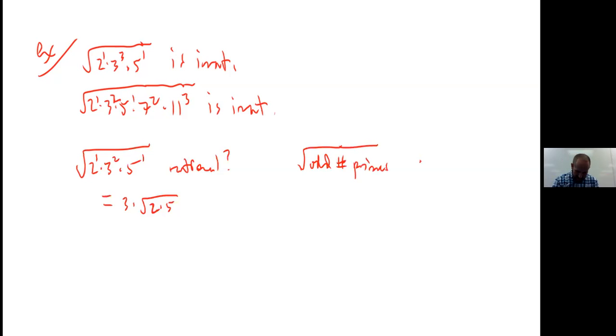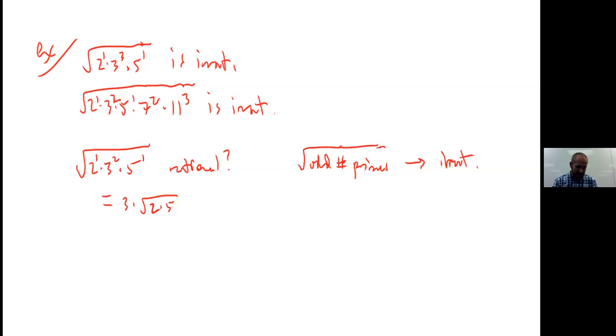The square root of an even number of primes implies question mark. We don't know what it implies necessarily. In fact, there are examples of things that end up being irrational even though it's an even number of primes. It's a good question.